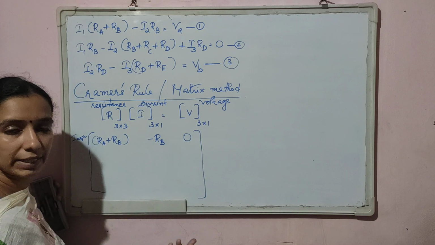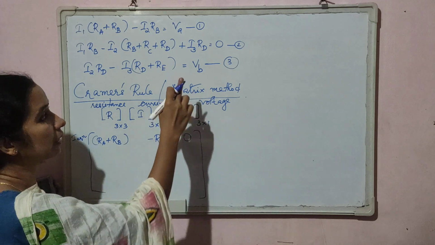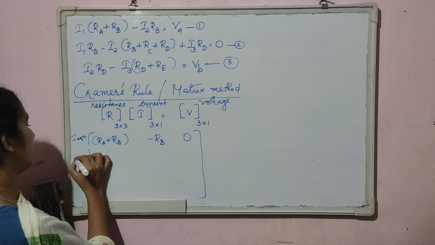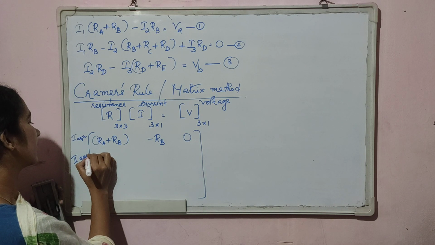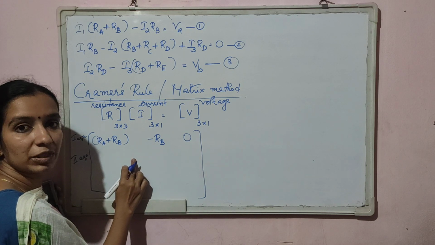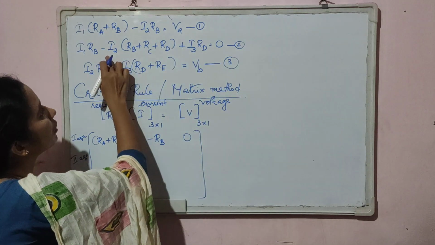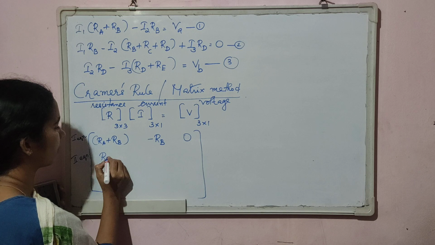Now moving on to the second row. The second row of the resistance matrix should be written from the second equation. The second row, first element is the coefficient of I1 in the second equation, which is Rb.